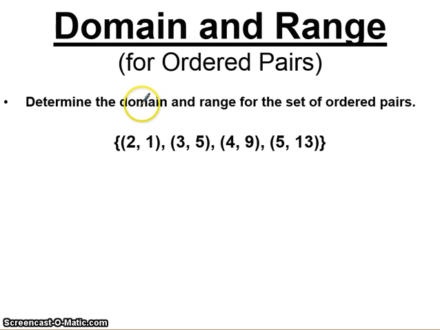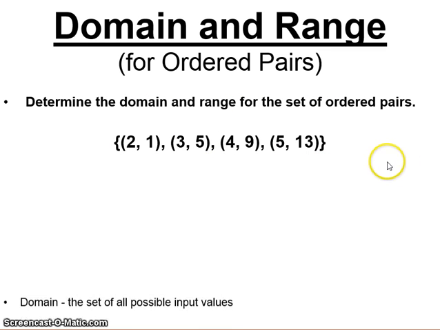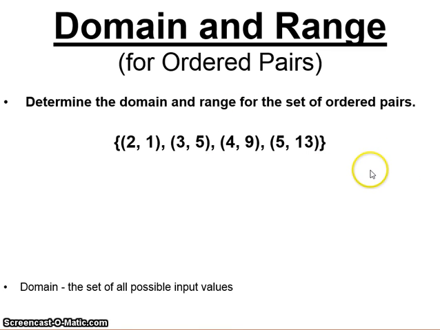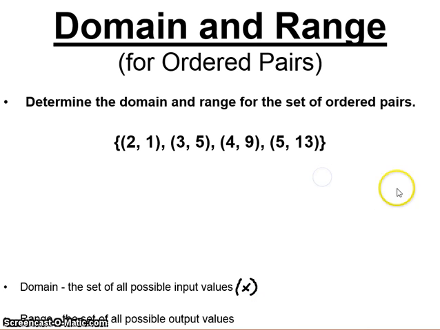So let's first look at an example of how to determine the domain and range for a set of ordered pairs. Here are the ordered pairs. Now remember, domain is the set of all possible input values, and we know that input values are represented by the letter x in the ordered pair. And we also know that the range is the set of all output values, which are the second coordinate in an ordered pair. Remember, each ordered pair is an input value with a matched output value.